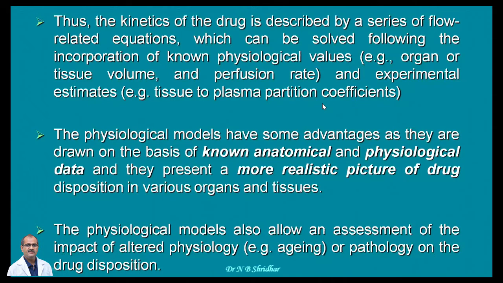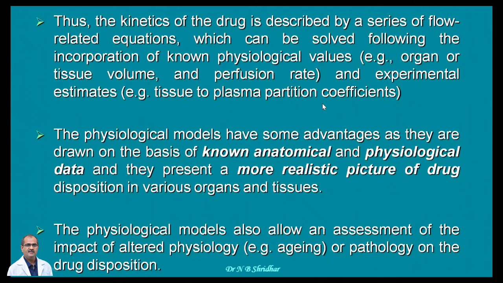The physiological models also allow an assessment of the impact of altered physiology, for example aging or pathology, on the drug disposition. Yes, in the 1, 2 or 3 compartments, this parameter is not included, which the physiological models can fulfill.